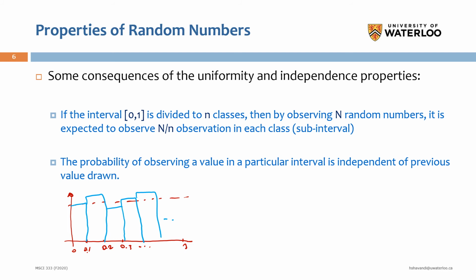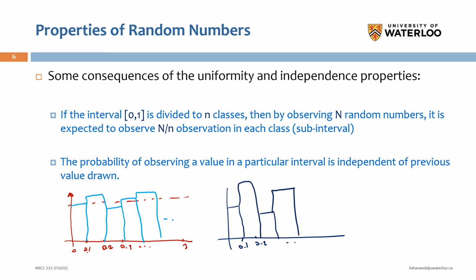But if we observe that the histogram is like this, for example, in this segment we are here, and then the next segment is like this, and then that, by having this kind of behavior, we can't say that the uniformity property holds for that method, because it's not uniform for sure.